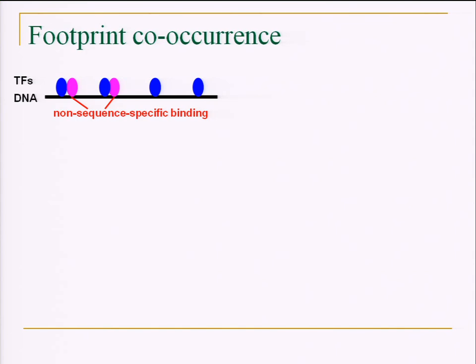Imagine a blue factor that is sequence specific, and it may interact with some other transcription factor. So, consider a purple transcription factor: if it is binding the DNA, it's not sequence specific. So the footprint corresponding to the purple transcription factor binding will not contain any sequence specific information.